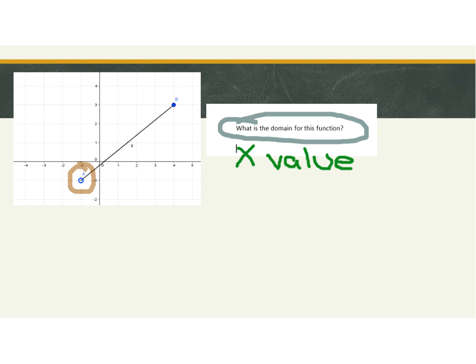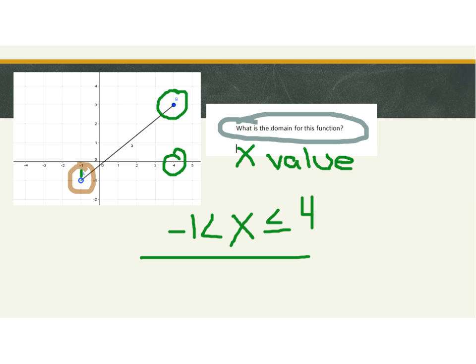So we see that it starts at -1, so you're going to say x is greater than -1. But notice here, it would be equal to 4, so it's less than or equal to 4.